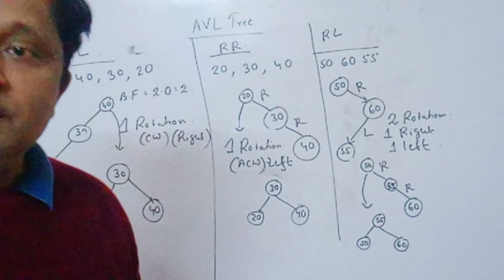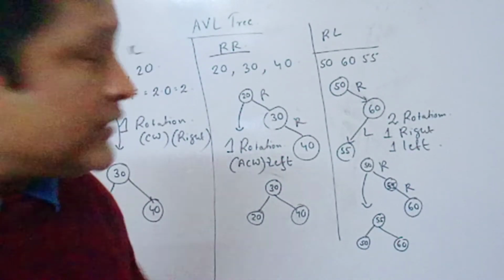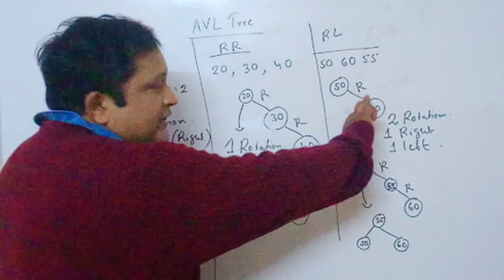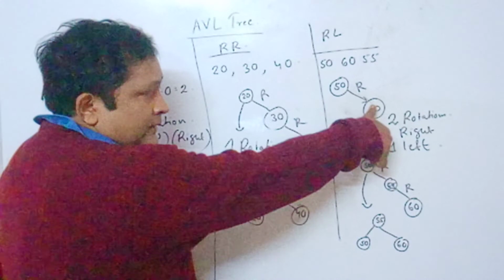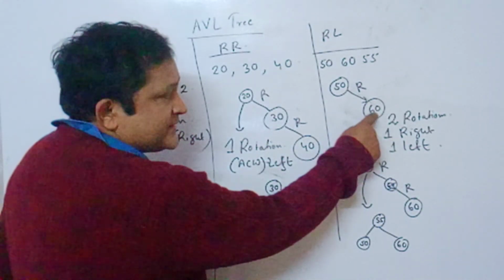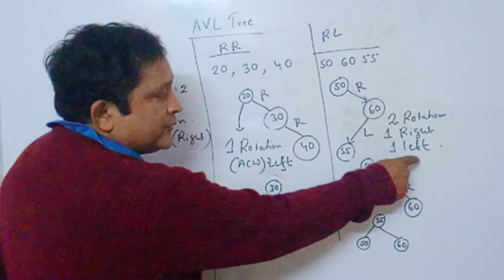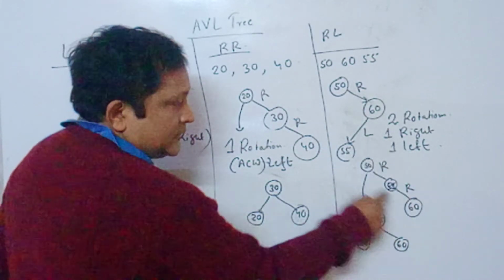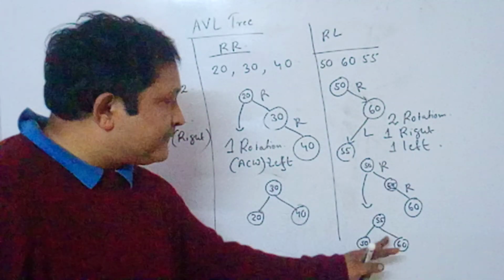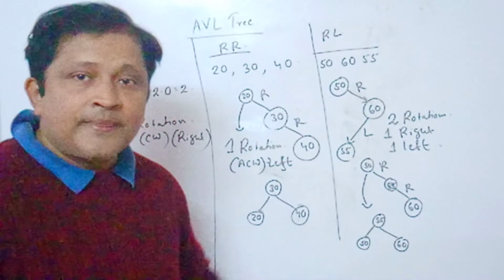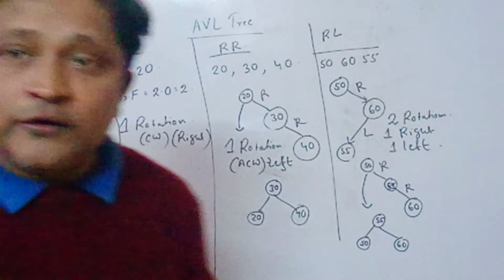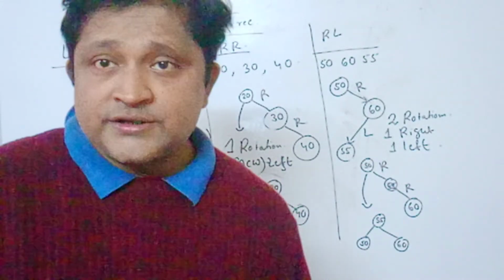After the right rotation we have 50, 55, 60. 55 will replace 60 and 60 will become the right child node of 55. So we have the RR imbalance after this right rotation. Then the left rotation will make it an AVL. So for RL imbalance we have one right rotation followed by a left rotation.